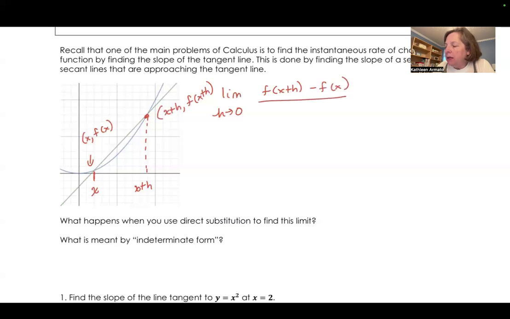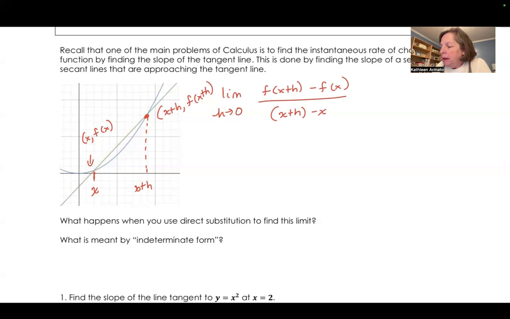So f of x plus h minus f of x over the difference in the x's. So that's the slope of the secant line. I need to let h approach 0 to move this point closer to this point so that the secant lines approach the tangent line.